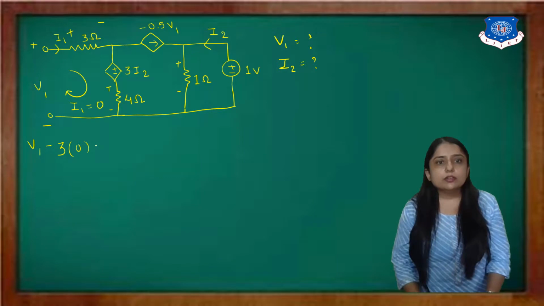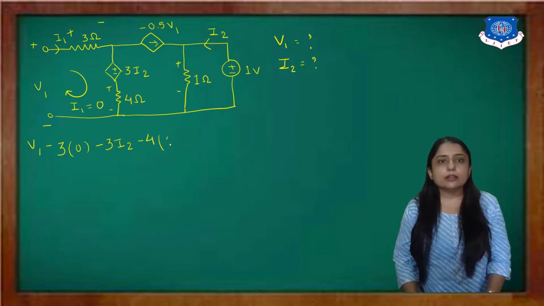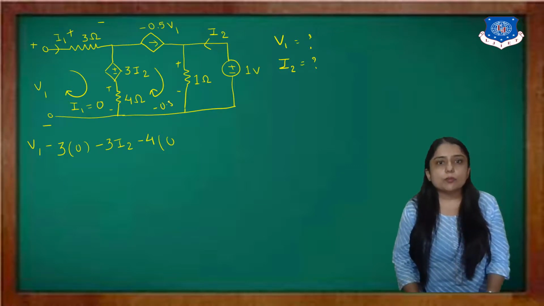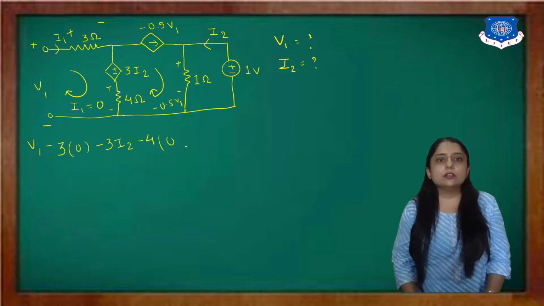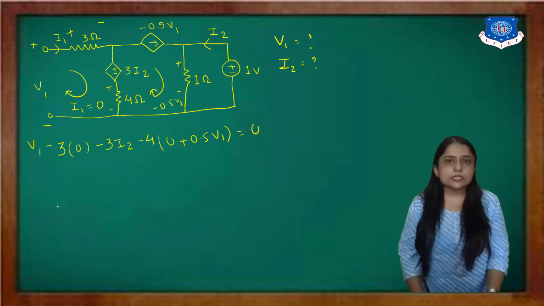Then here it's minus 3I2. Then minus 4, I1 is 0, right? But this current is minus 0.5 V1. So minus minus plus. And then we have to equate that with 0.